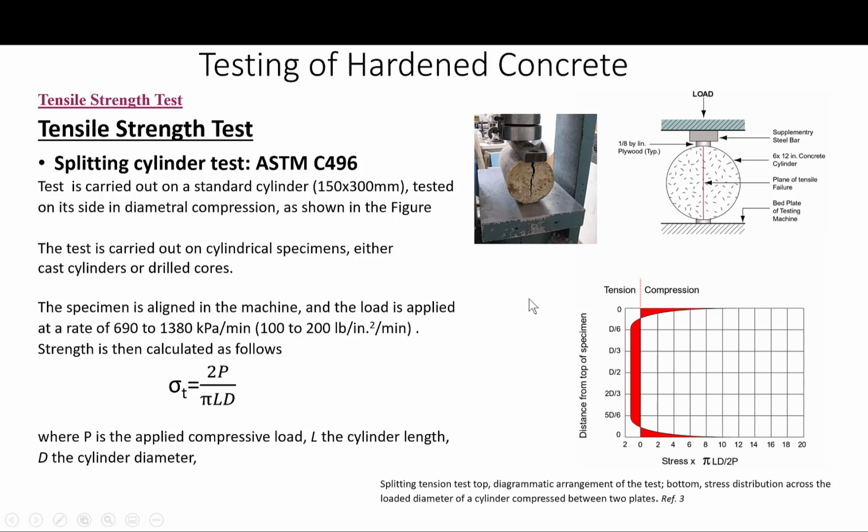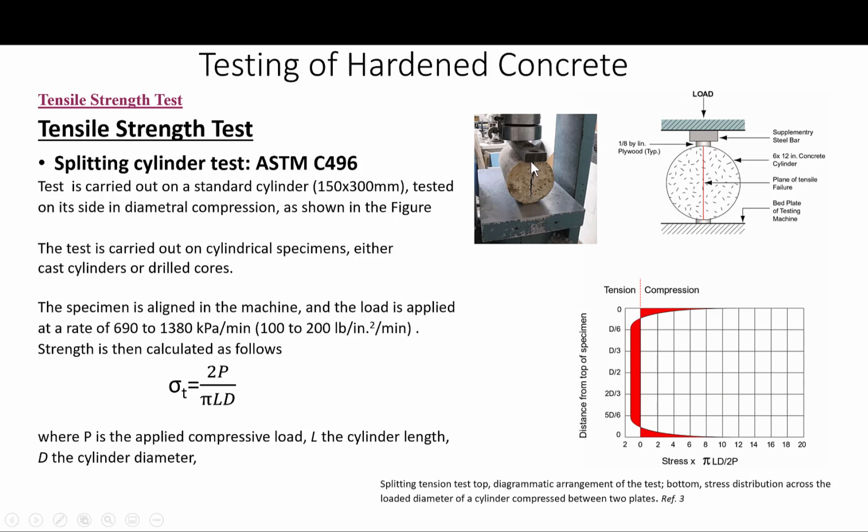As specified in ASTM C496, the test is carried out on a cylinder specimen, either cast cylinders or drilled cores from existing structures. The bearing strips are made from 3 millimeter thick plywood that is free of imperfection, and it's about 25 millimeter wide.